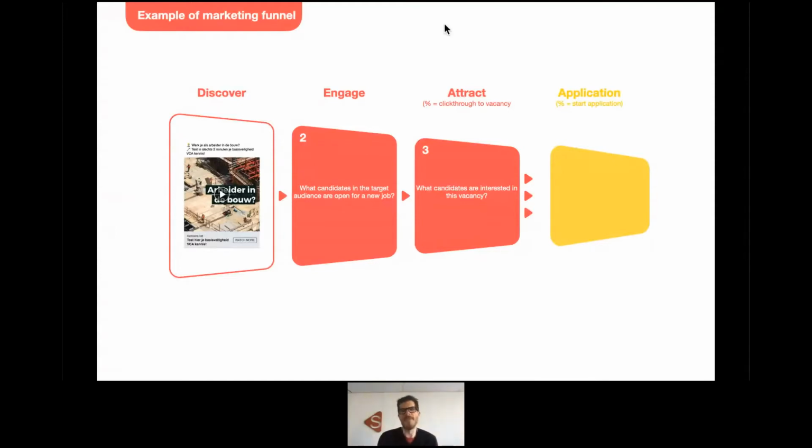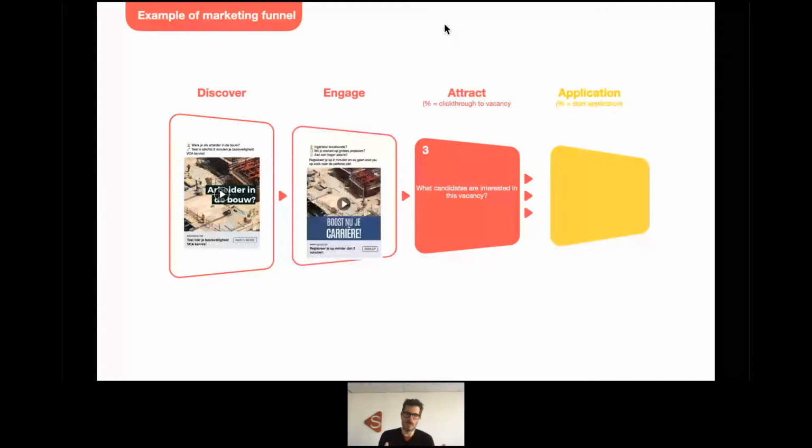Once you build data from that, you can then use that data to start looking at whether any of these candidates might be interested in thinking about their career. So again, you do a general post about how to write your resume, how to boost your career. Are you on the right career track? Ideally linked to the construction industry, how to build a career in project management, for instance.